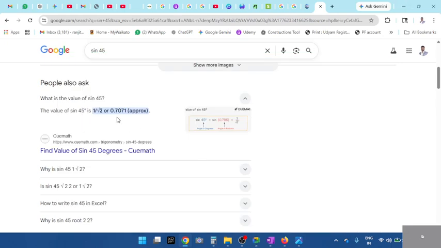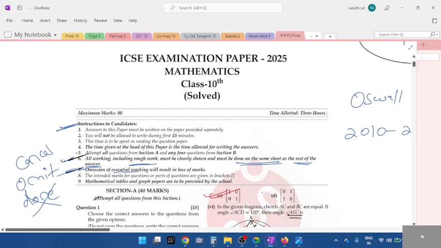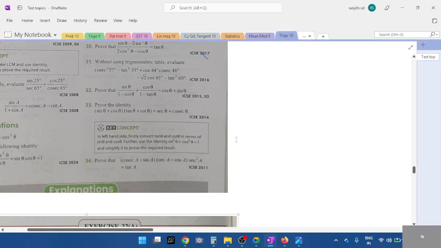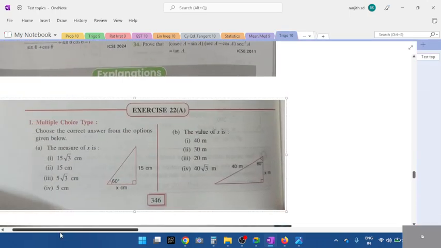Okay, see, mostly these types of values they'll give you, 0.7071. Fine, so just ignore this. Now they'll give you the mathematical table. Next, trigonometry. Just for example, this question: sin 60 is equal to 1 by root 3.